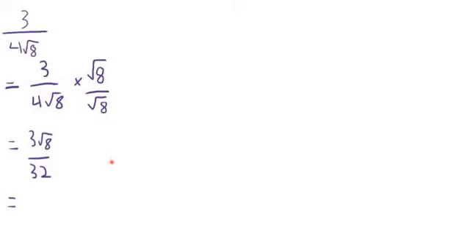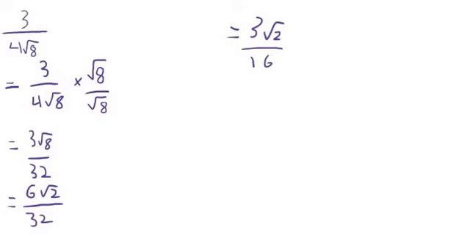So 2 root 2 times 3 would be 6 root 2 over 32. And that can be simplified. So if we divide 6 root 2 by 32, you get 3 root 2 over 16. And that's as far as you can simplify it for this question. That's the end of the question also.